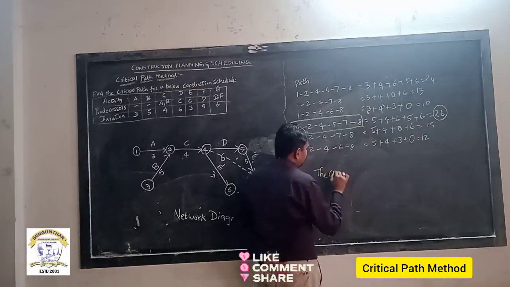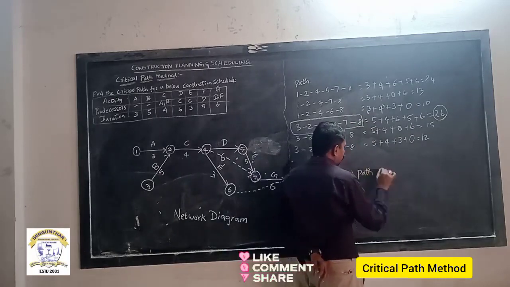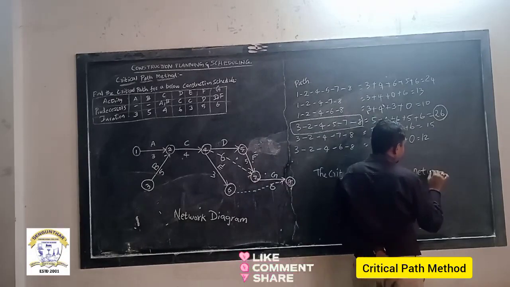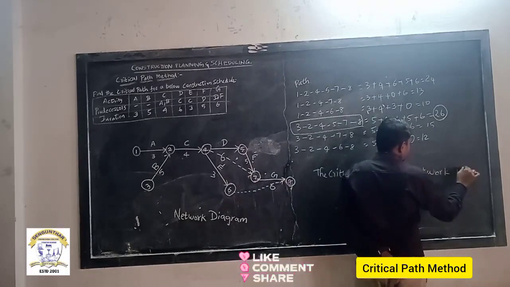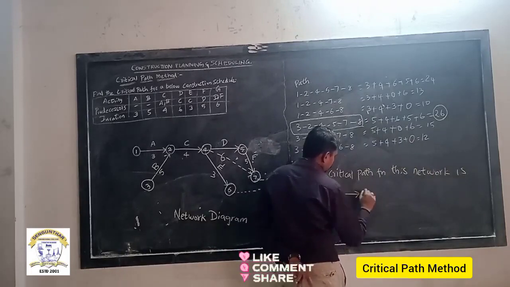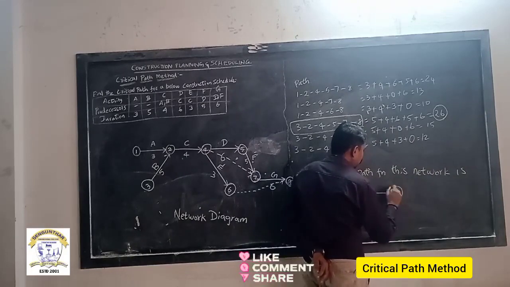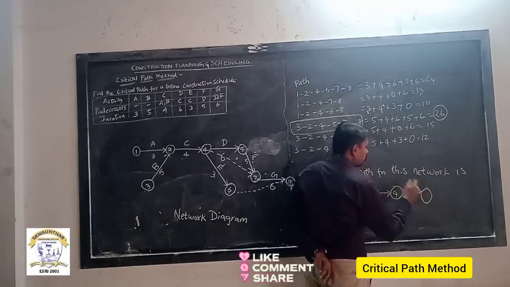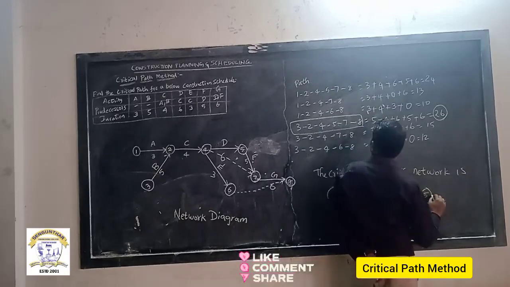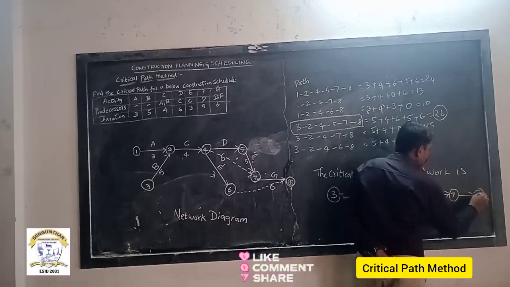The critical path for this network is 3 to 2, 2 to 4, 4 to 5, and then 5 to 7, and finally 7 to 8.